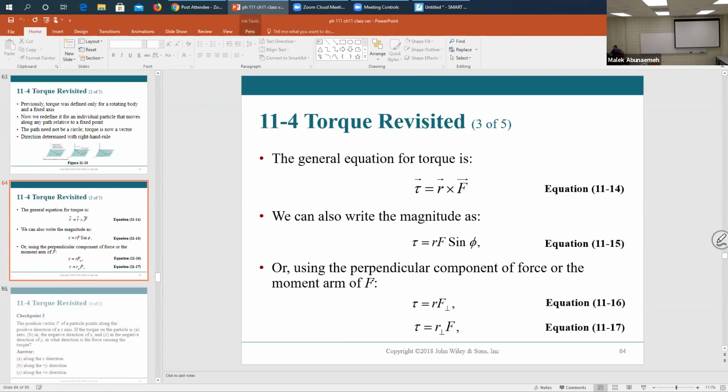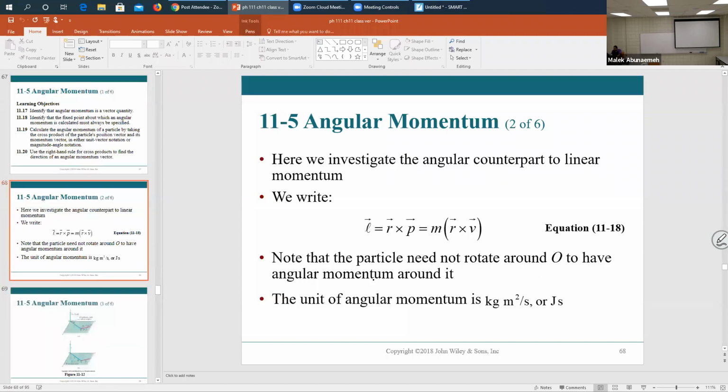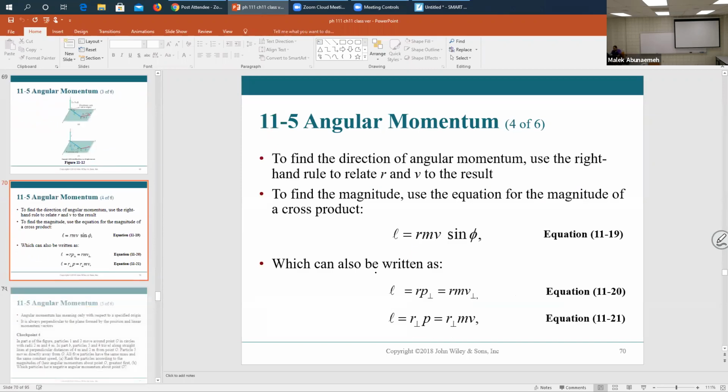So the general equation for the torque is tau equals R cross F, because it's going to be RF sine theta. Again, on a perpendicular, sine theta is going to equal 1. So using a perpendicular component of force, tau equals RF. The angular momentum, which is your distance multiplied by your momentum, is going to equal MR cross V, which we saw is going to be RMV sine theta.